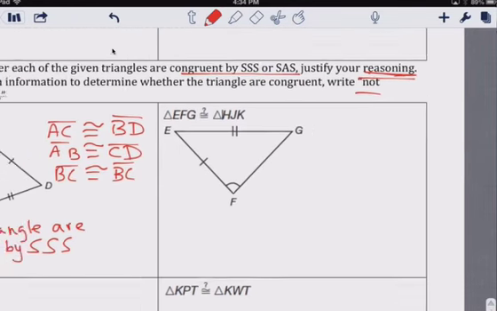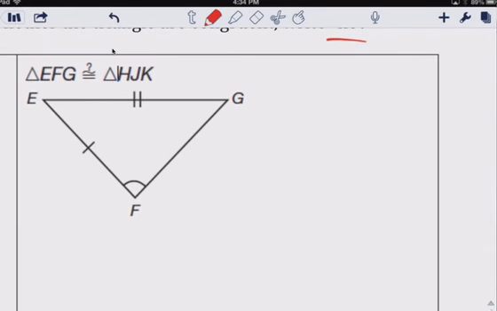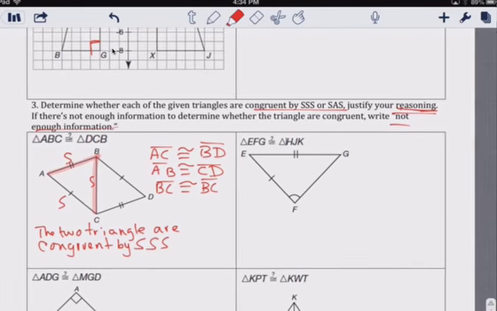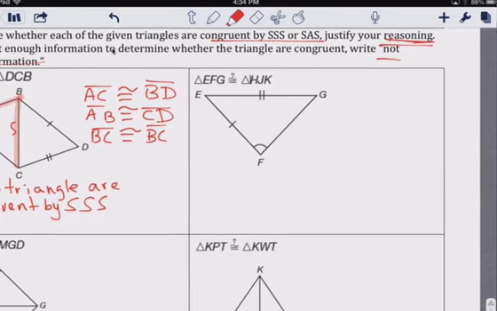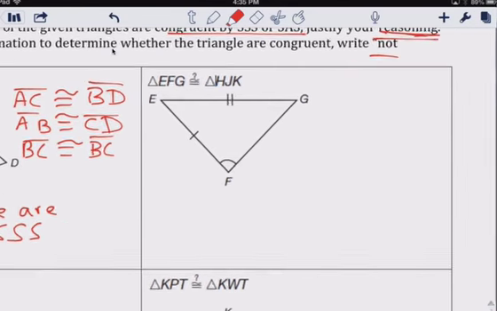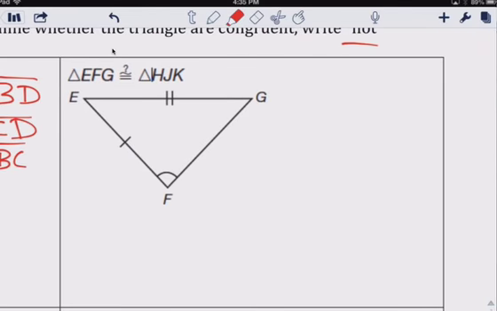Okay? So here, okay. Uh-oh, what happened to the other triangle? HJK. Ooh, if I gave you this, obviously this is not enough information. First of all, if you see side-side-angle, that's definitely not it.